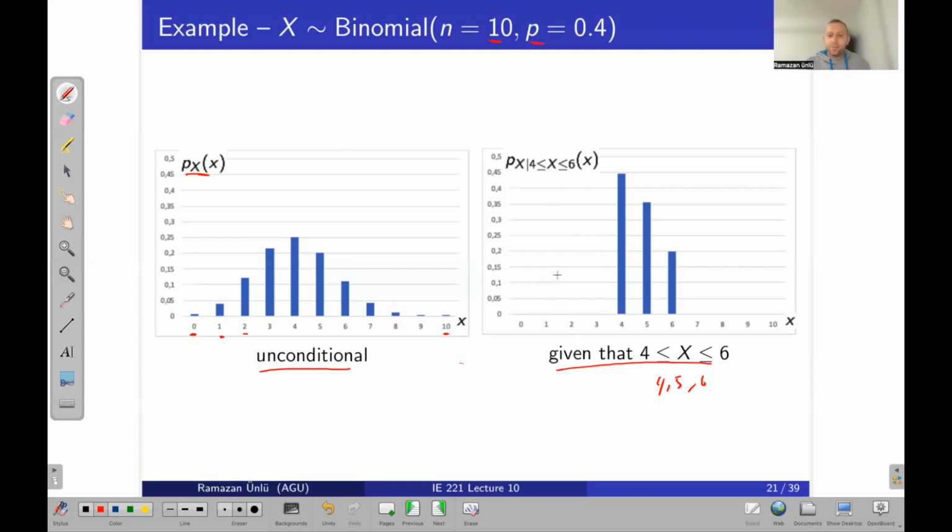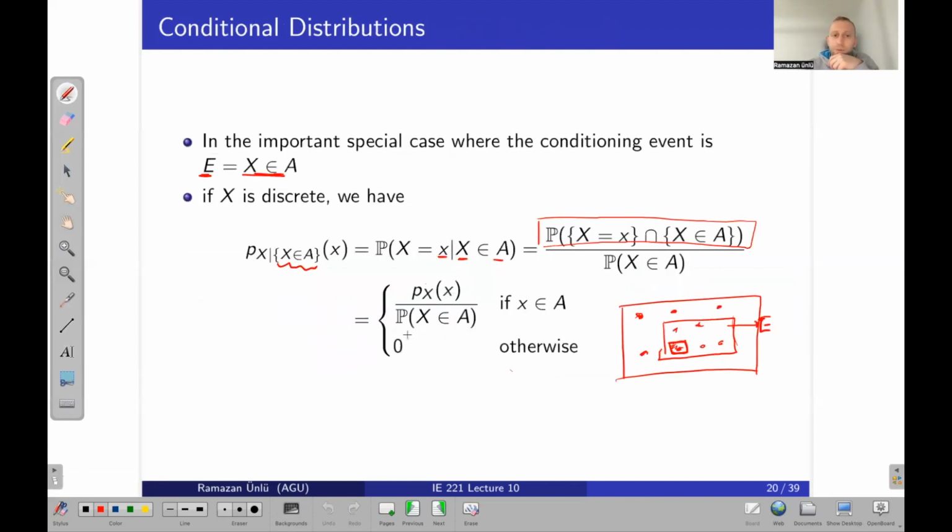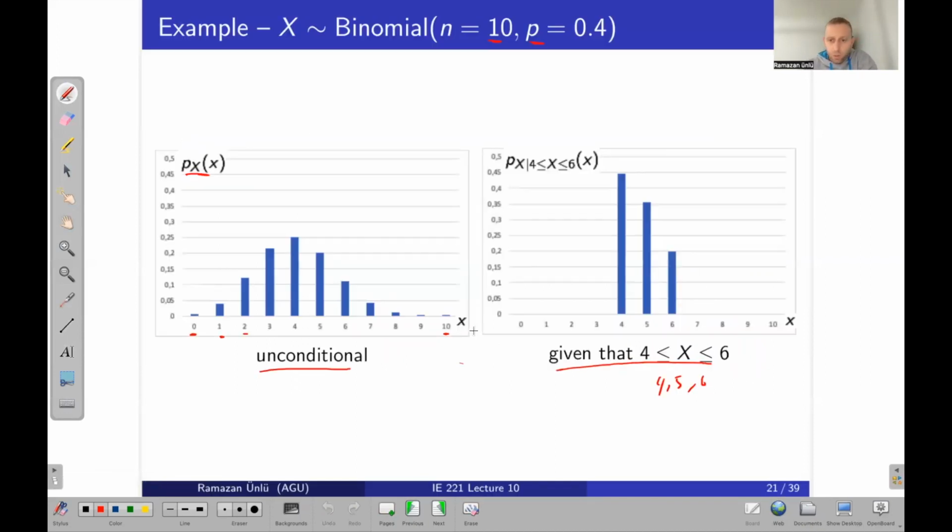And that scale will be based on the conditioned event. So what is the probability that x will take 4, 5, or 6? That is the probability of the conditioned event. I can simply sum the corresponding probabilities, the heights of these bars, like 0.25 plus 0.2 plus 0.11, let's say.